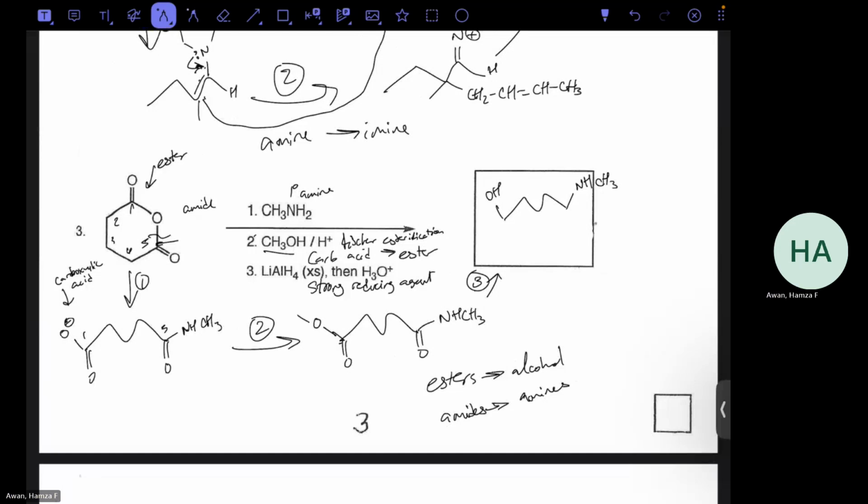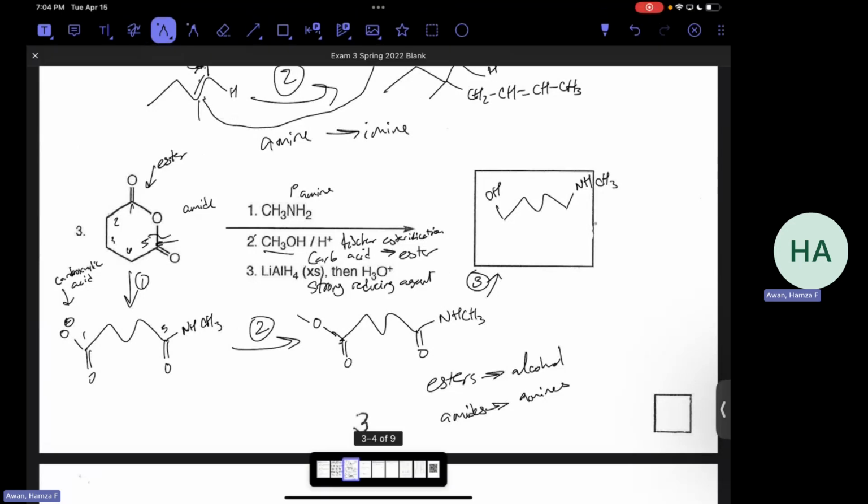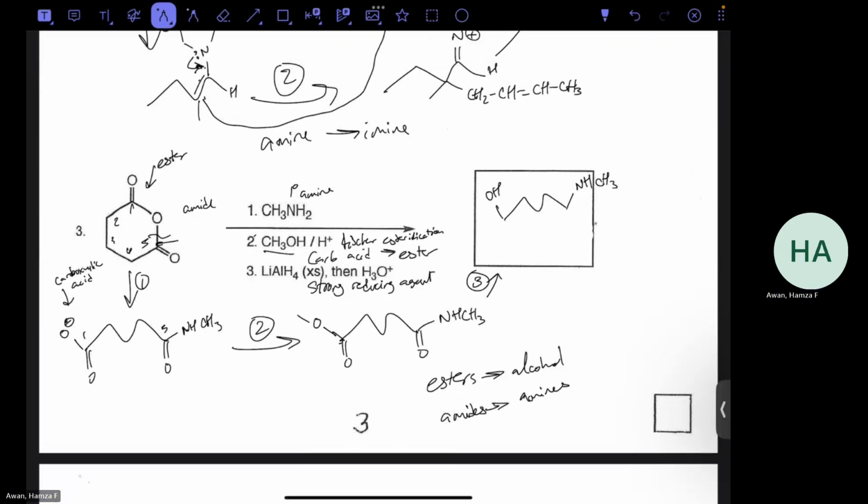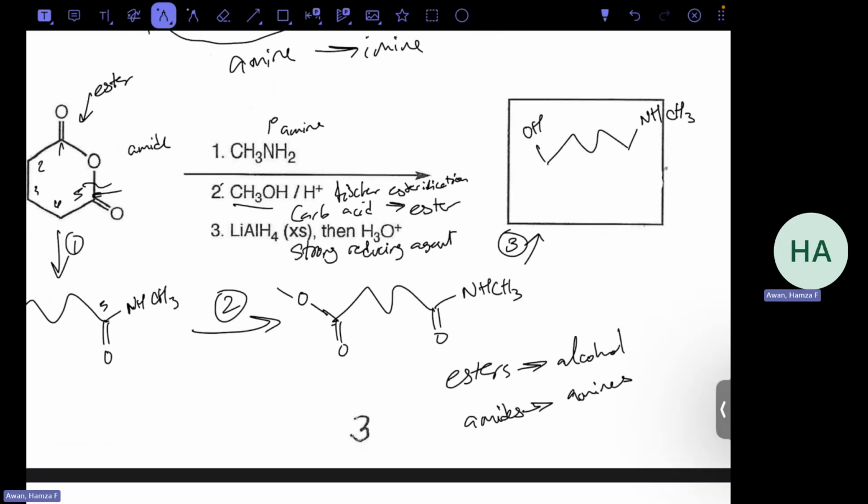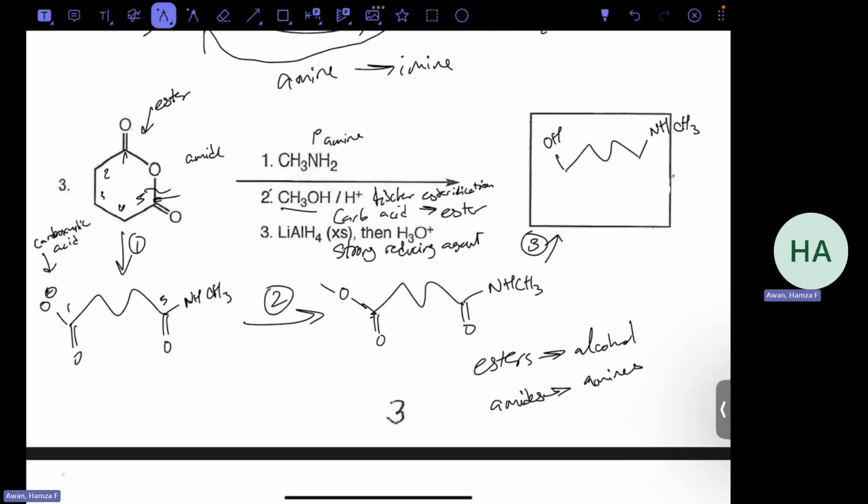Yeah. Completely related to this, but what would Wolff-Kishner do compared to the LiAlH4? What would that reduce? I don't think Wolff-Kishner would do anything here.